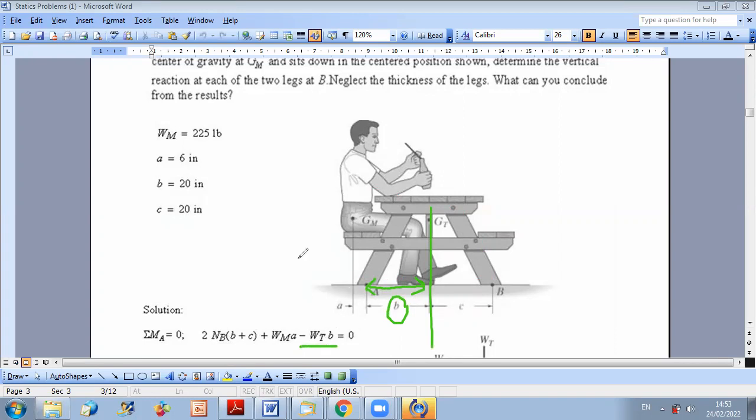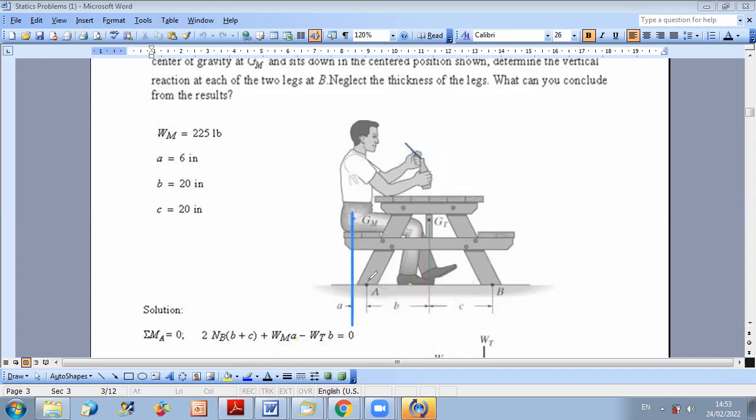Now, we still have to find the moment of the weight of the man. The weight of the man is on the other side, so it tends to rotate about A in the counterclockwise direction. And to get the distance, this is the line of action of the weight of the man.